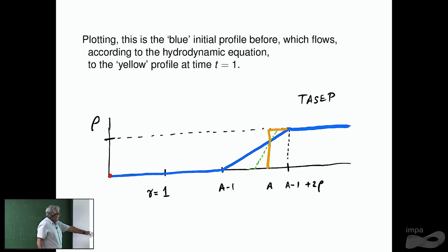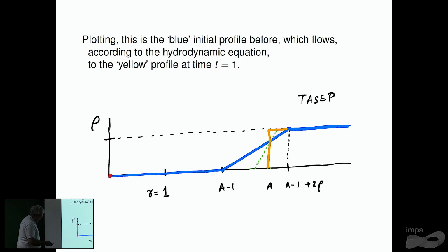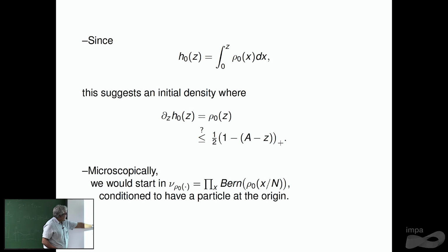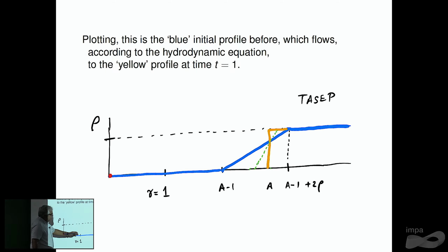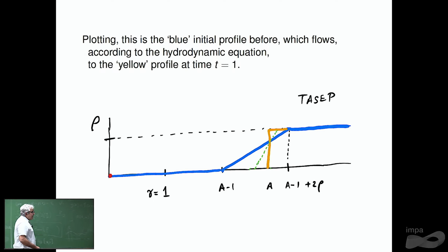So the blue line is the rho naught that you get from this equation, and if you now flow the PDE, what's happening is that the blue line is going to this step, and so there's some work to show microscopically that the particle starting here gets over here, but that gives enough room for the tagged particle to move, the red dot.